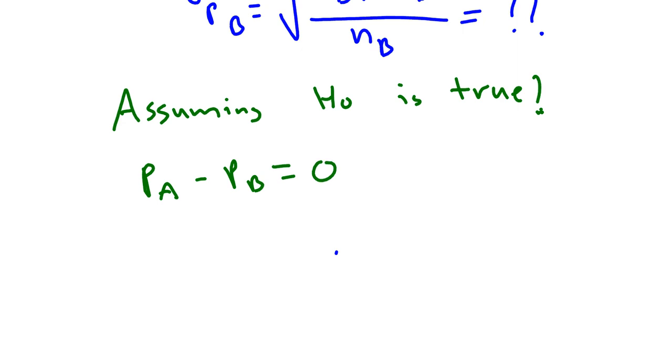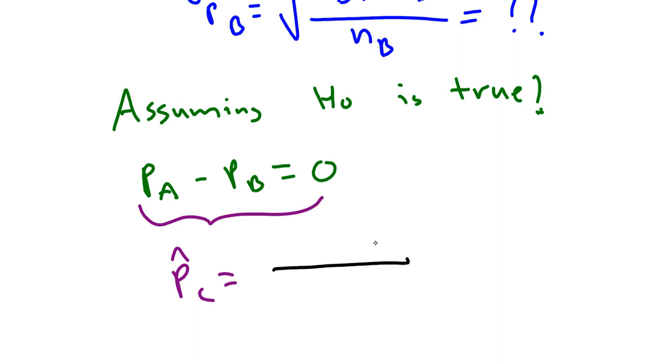And that's the rationale for forming something called p hat combined, which means you take all the people who passed with either instructor and you add them together. So x sub A plus x sub B, the number of people who pass with instructor A's class, added together with the number of people who pass instructor B's class, and then you divide that by the total number of people in both samples.